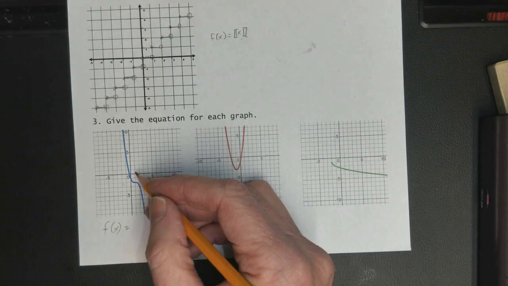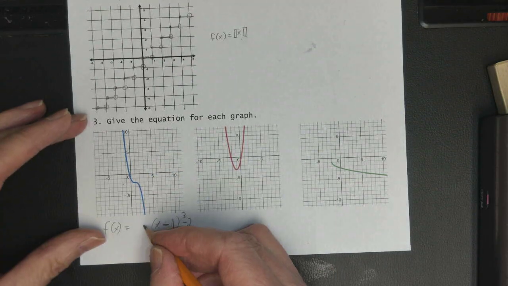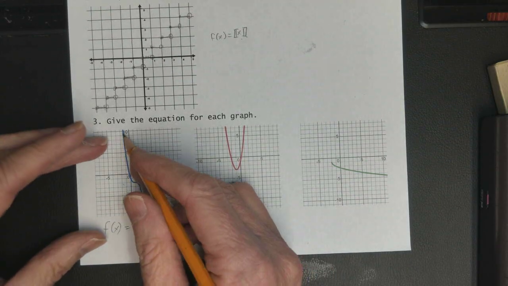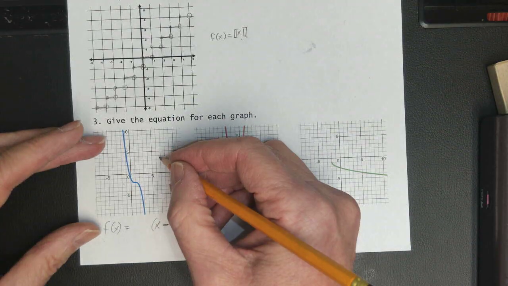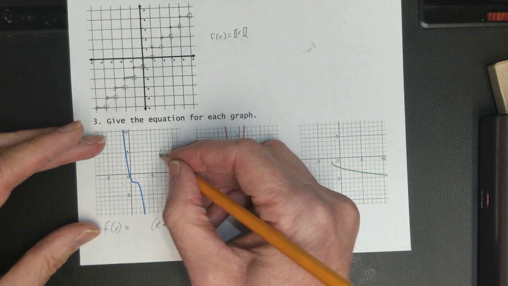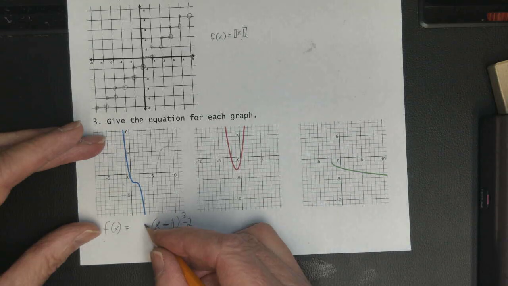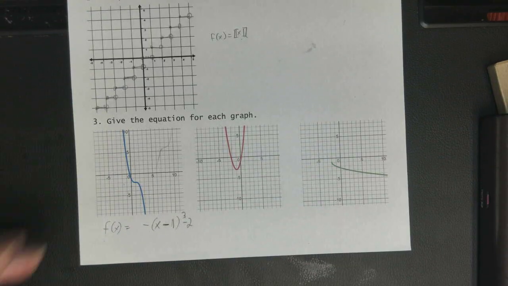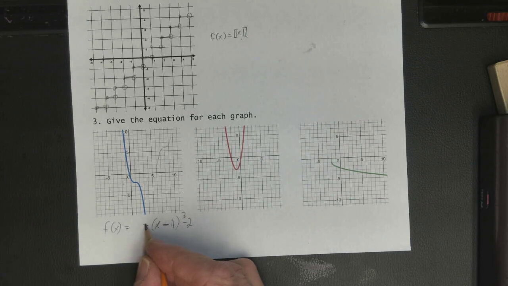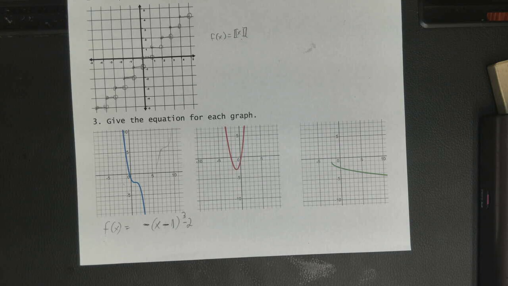I also noticed a flip. I've noticed that this is going down. The typical cubic function will be rising. This one's falling. It has been flipped over the x-axis, or you can call it flipped over the y-axis. Either way, with the cubic, it has the same result.